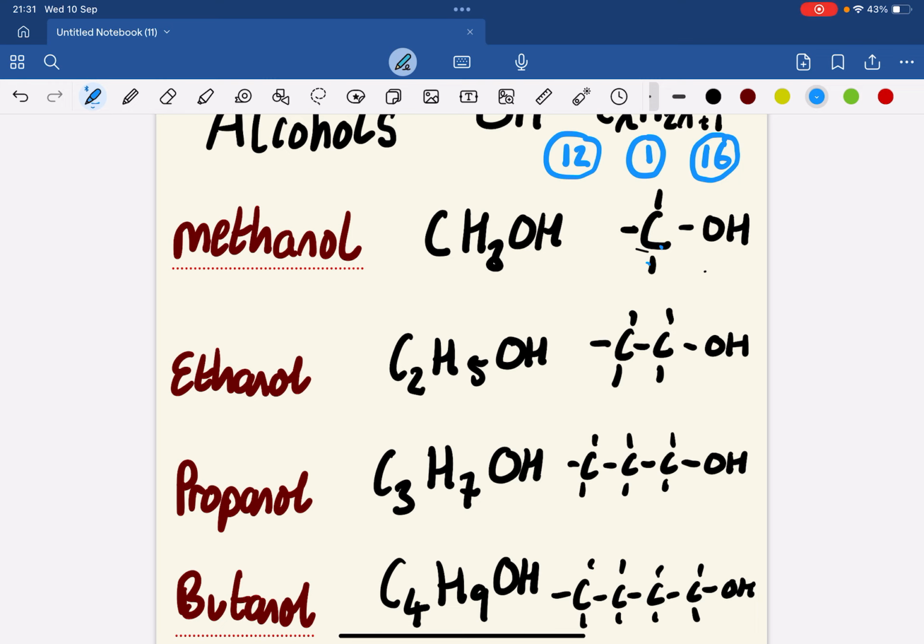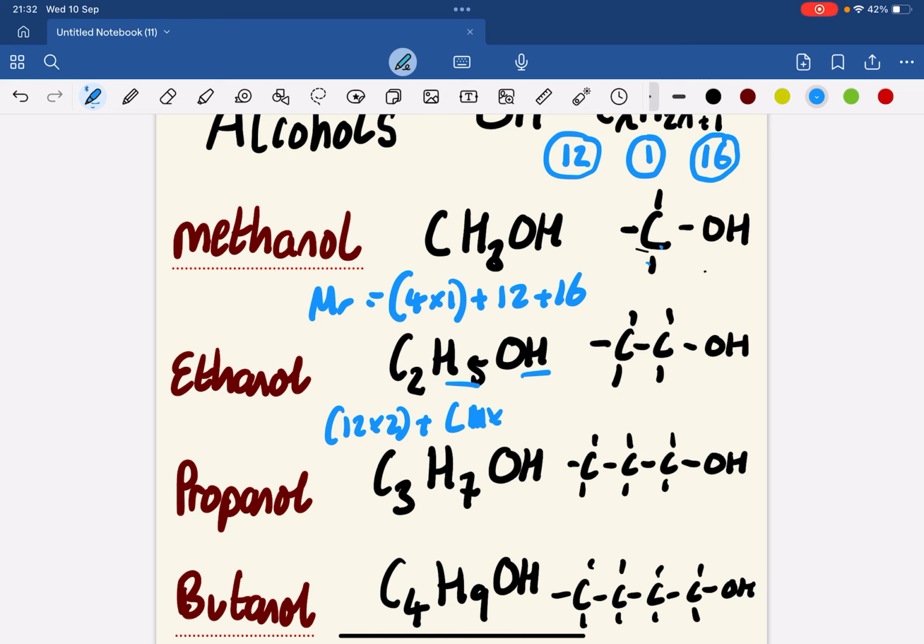So when we look at our fuels here, we know here that methanol has got 1 carbon, it's got 4 hydrogens altogether, and 1 oxygen. So to work out the Mr of methanol, we need to do 4 times 1, which obviously is going to be 4 with hydrogens, plus 12 plus 16. For ethanol, we've got 2 carbons, so it's 12 times 2, plus altogether 6 hydrogens, because we've got 5 here and 1 there.